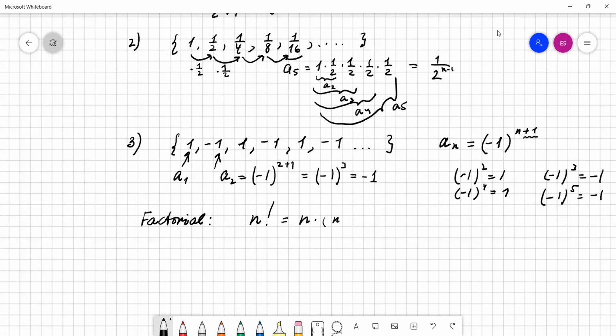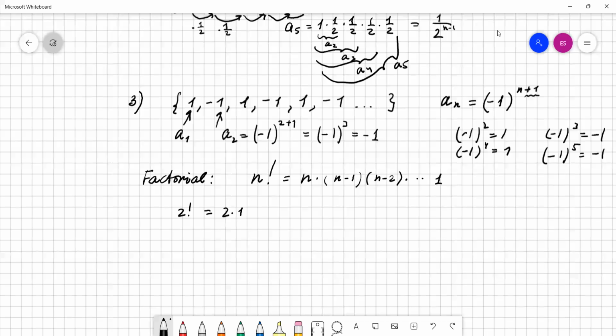So it's n, n minus 1, n minus 2, and so on until you have 1. I'm going to write down a few factorials so you will find out how it works. For example, 2 factorial is 2 multiplied by 1, a very short one, right? Or 5 factorial is 5 multiplied by 4, by 3, by 2, and by 1.